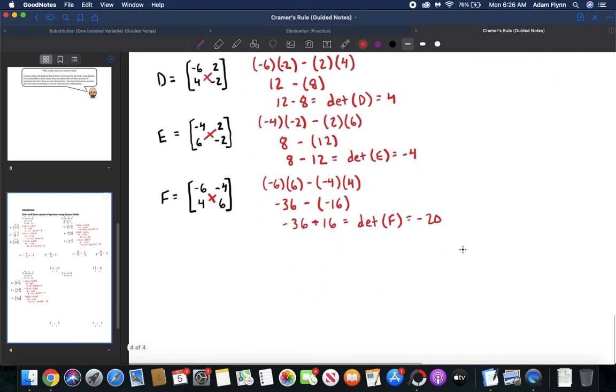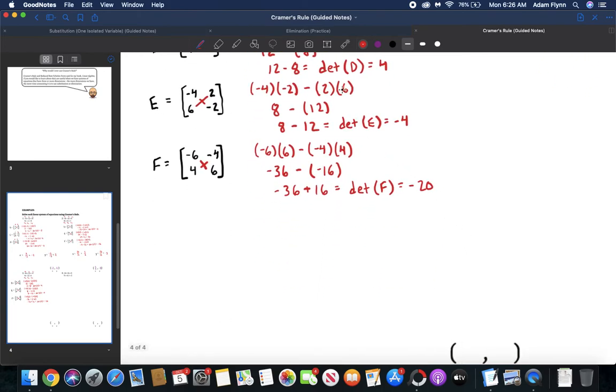So at this point, I'll scroll down a little bit. So we know that we can now find our X, and we can find our Y. X is going to be determinant of E, which is negative 4, divided by positive 4, which is going to be negative 1.